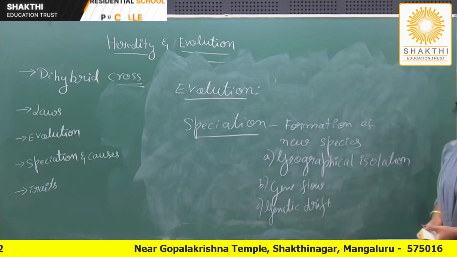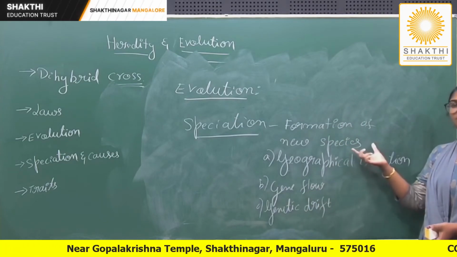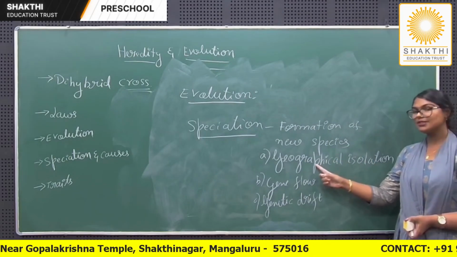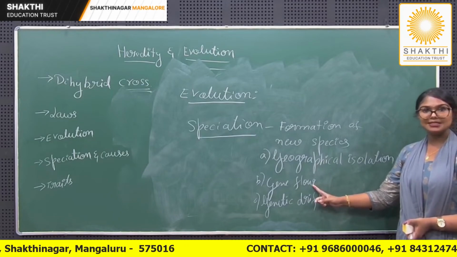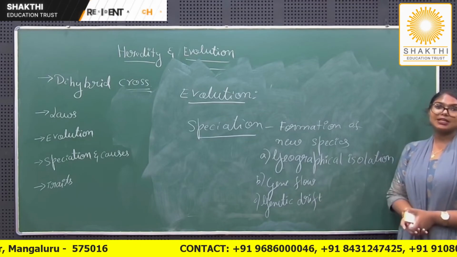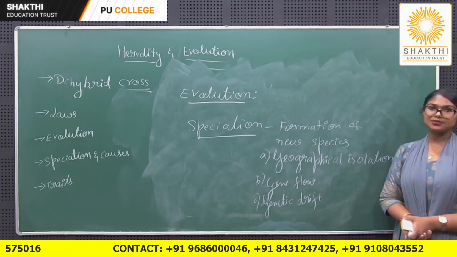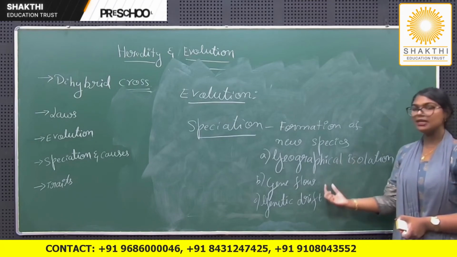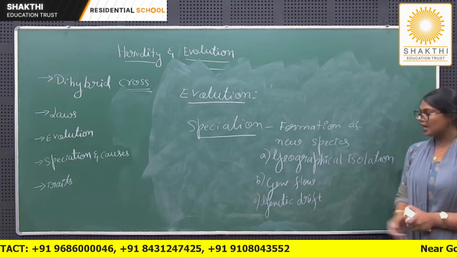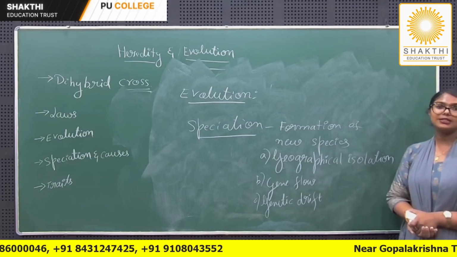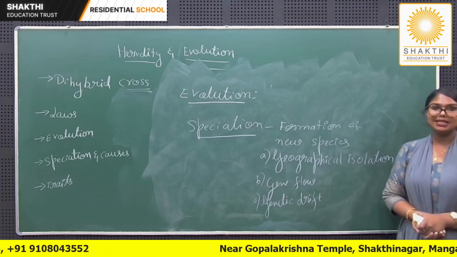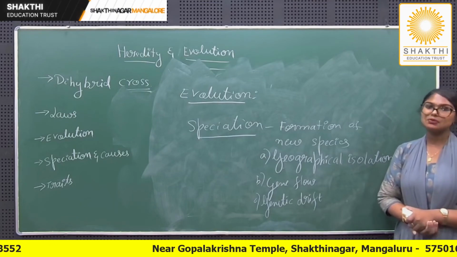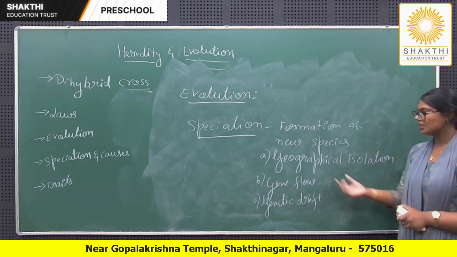So we have 3 reasons for the formation of new species. First one is geographical isolation, second one is gene flow, and third one is genetic drift. Quickly explain why these are called the factors for formation of new species. You need not study them in detail, but in case you have some doubts, we'll quickly go through it.